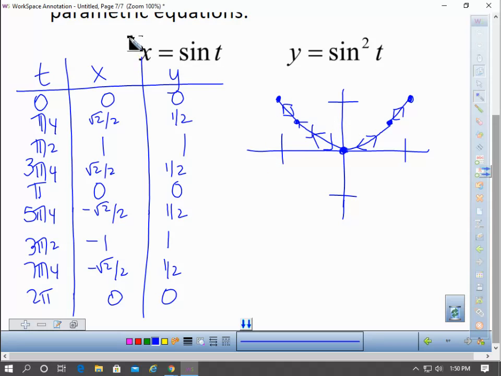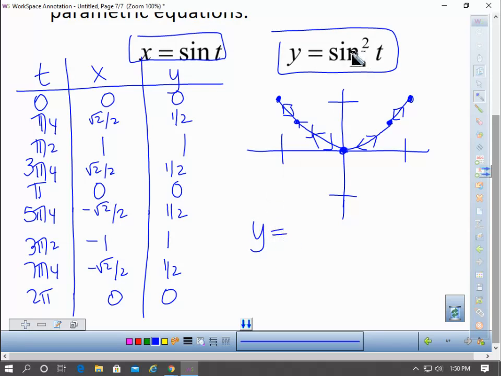So if you look, putting these two equations together to show you what this is, notice x is equal to sine, but also notice that y is equal to sine squared. So if x is sine, then that means you're replacing sine with x, so y is going to be x squared because x is sine. So you replace sine right here with an x and you get x squared.